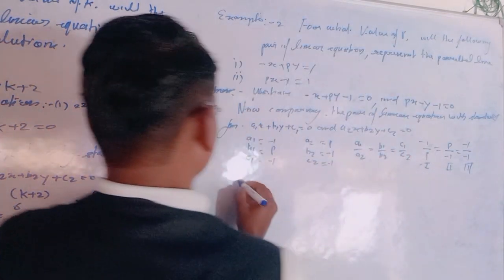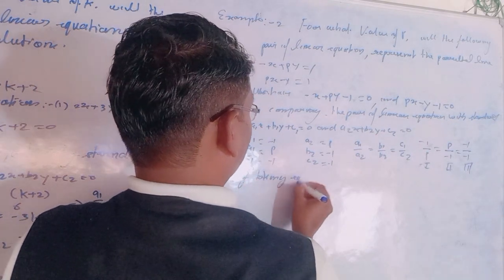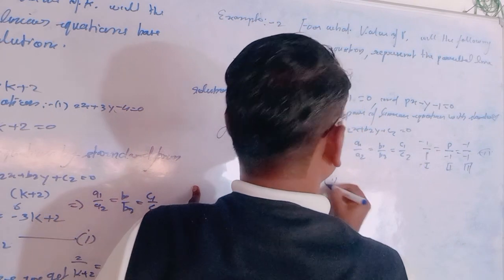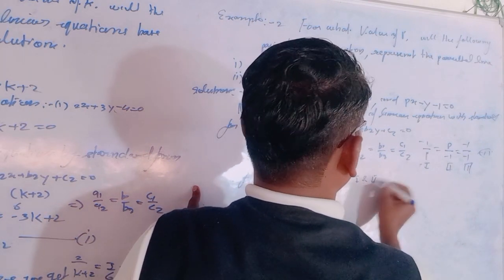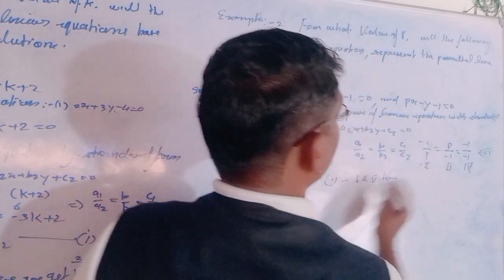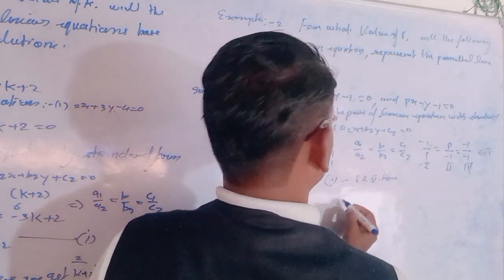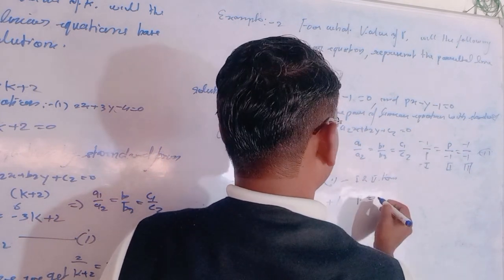By taking the first and the second terms, p square is equal to 1, so p is equal to 1.